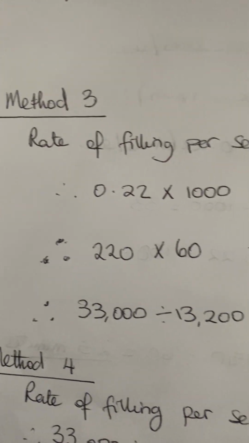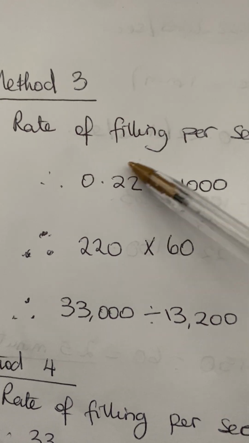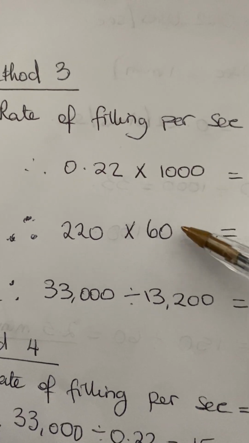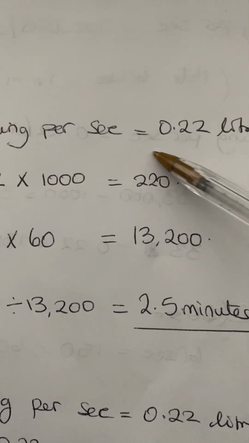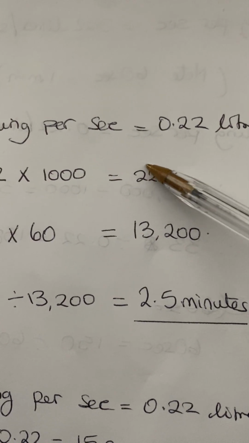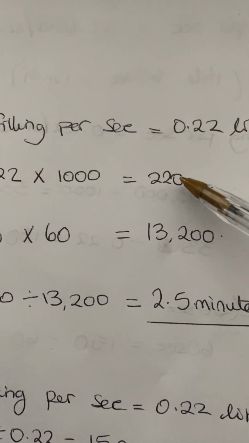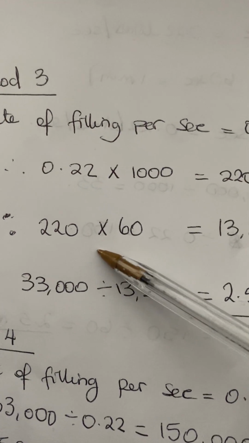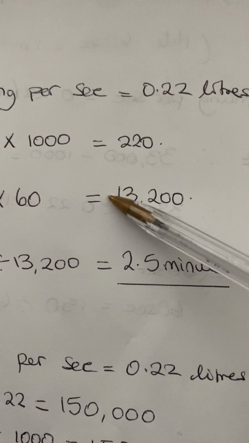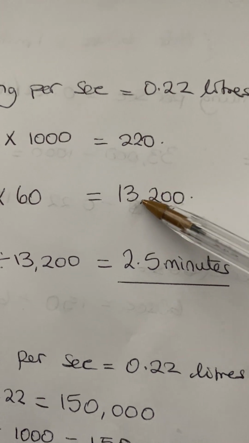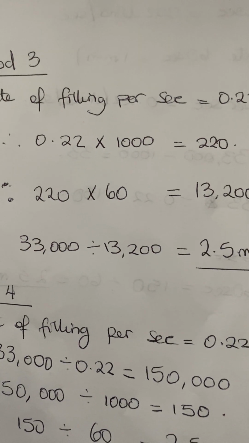Now this is per second, so if I multiply 220 by 60, I get it for a full minute, which is 13,200.